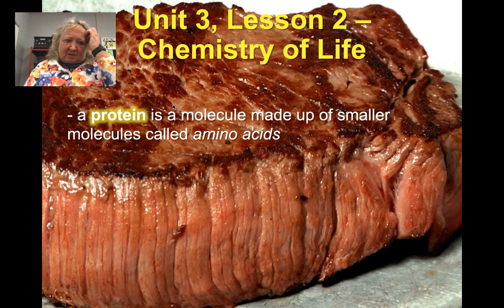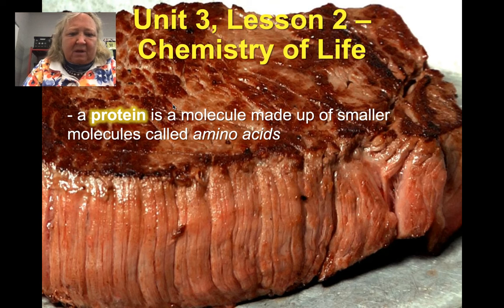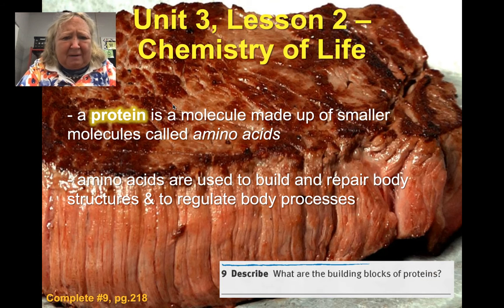Okay, so our next word is a protein. And a protein is a molecule made up of smaller things called amino acids. I know that's a funny term, but that's what they're made of. Proteins, specifically amino acids, build and repair our body structures.